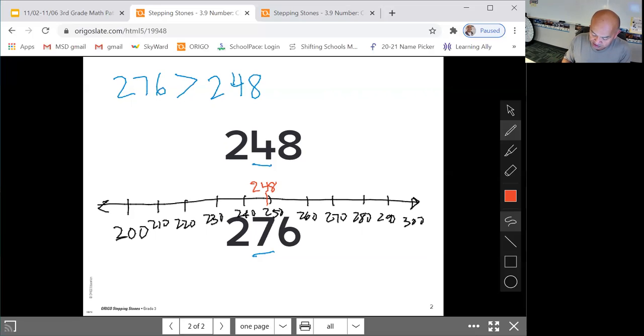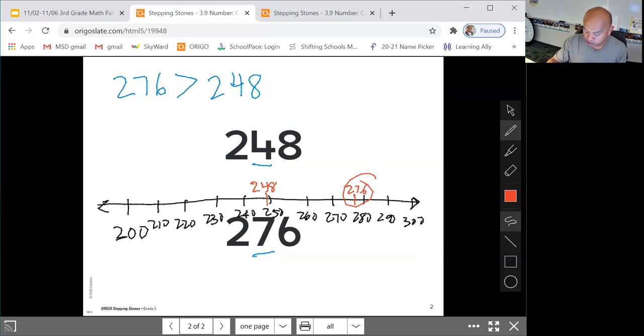Then 276: 200, 210, 220, 230, 240, 250, 260, 270, 280. I know that 276 is not quite as high as 280, but it's close, so I'm going to put my marker there. Just by looking at the number line, you can see that 276 is the greater number. It's further down the number line.